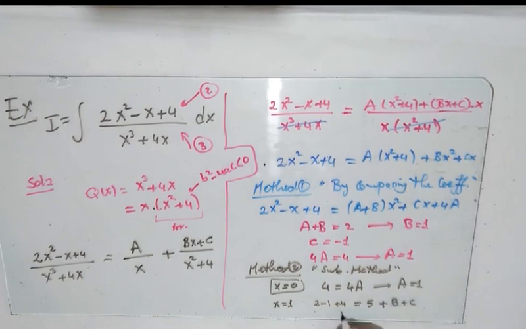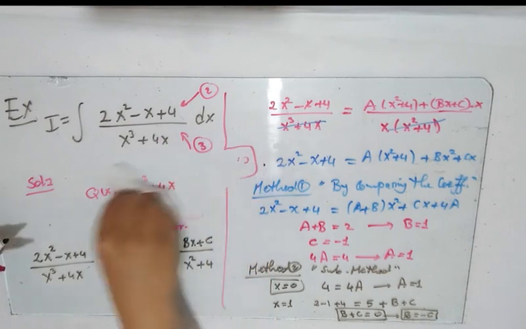So the equation is b plus c equals, here you have 2 minus 1, which is 1, so b plus c equals 0, which means that b equals -c. Okay, so we can continue using another value.